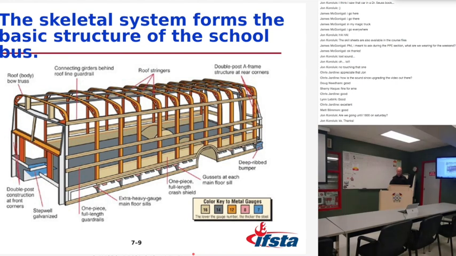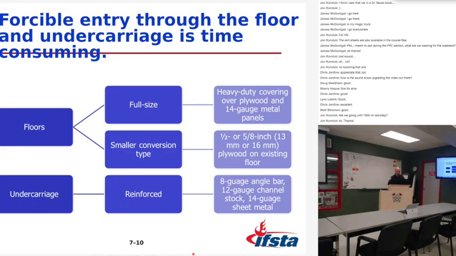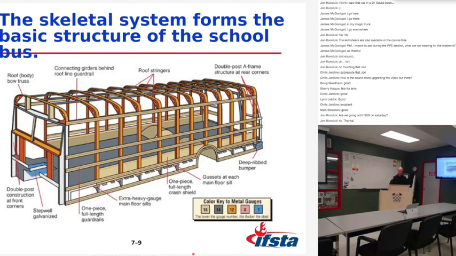Rear skeletal system is similar to sidewall, with additional reinforcement installed for protection from rear end collisions. Framework consists of 11 to 14 gauge steel frame members called roof bows, spanning from side to side. The roof structure may contain insulation and electrical wiring. When breached, locate bows and stringers by using rivets as a guide.